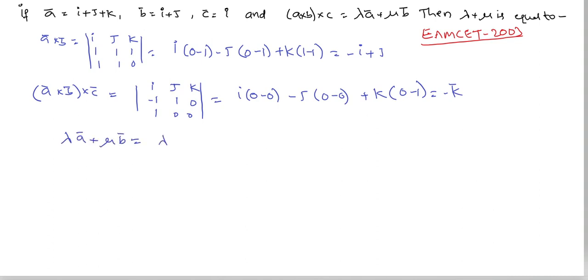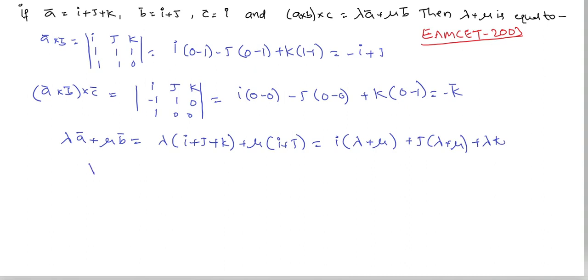Lambda into a bar is I plus j plus k, plus mu into b bar, I plus j, that is equal to I into lambda plus mu plus j into lambda plus mu plus lambda into k.